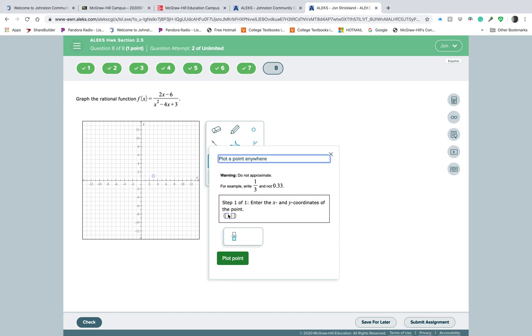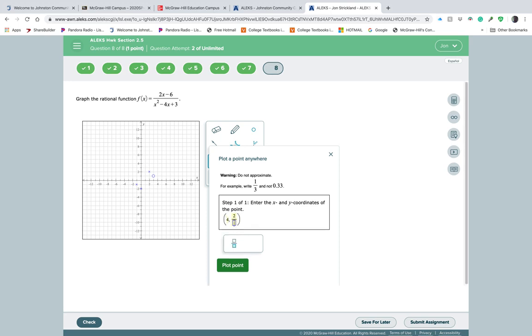And if I plot points, I have (-1, -1), and have (0, -2), also have (2, 2). Also have 4, and I'll just enter the fraction 2/3.